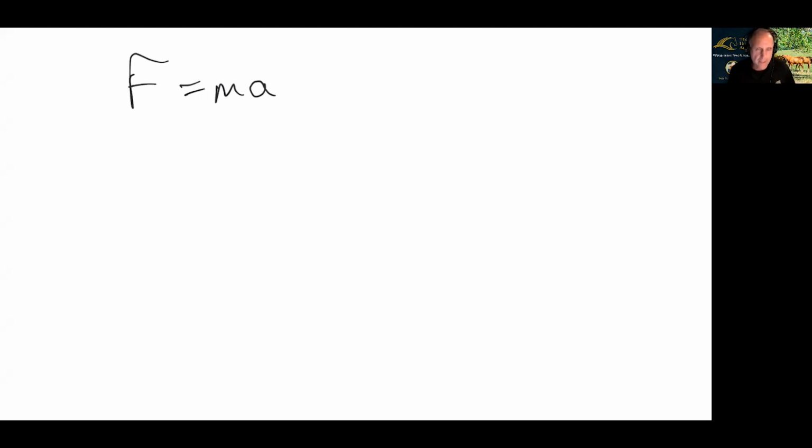Well, let's look at mass. Mass is what your horse is. And that mass has an acceleration applied to it called gravity. And gravity is 9.8 meters per second squared.